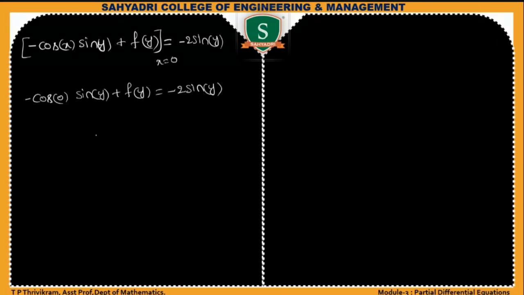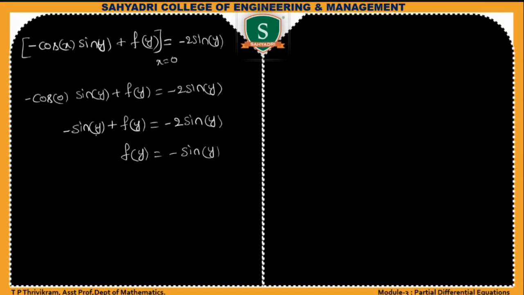So you'll get minus sin y plus f of y is equal to minus 2 sin y. If we send this minus sin y to that side, f of y will be minus 2 sin y plus sin y, so minus 2 plus 1, it is minus 1. So we got f of y equal to minus sin y.